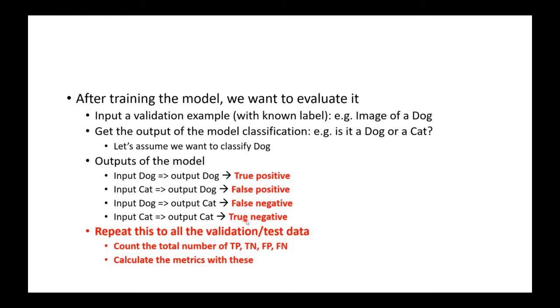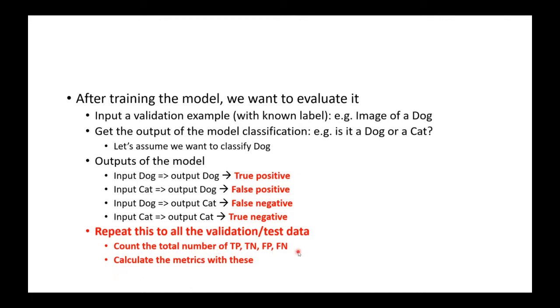This is a true negative, meaning the input is not a dog, and your classifier said it's not a dog. It is a true negative, right? So you have to repeat this for all the validation data and later for the test data, and you're going to count the total number of true positives, true negatives, false positives, and false negatives.